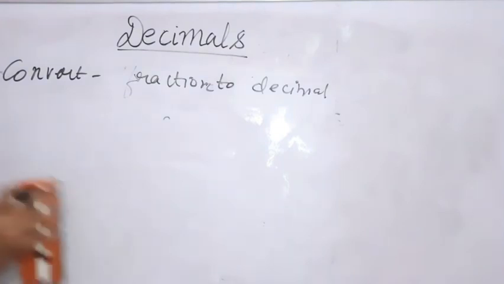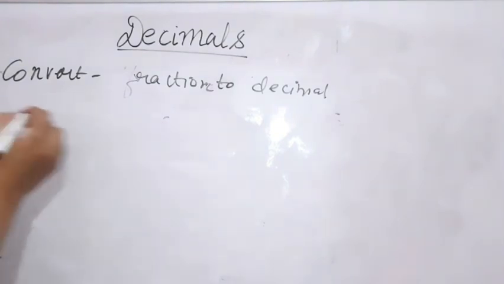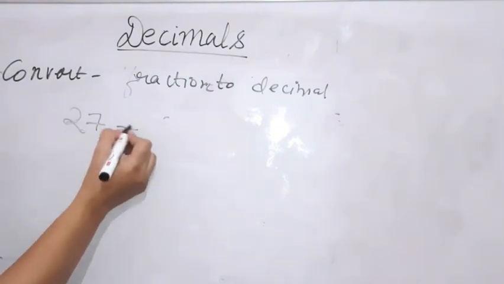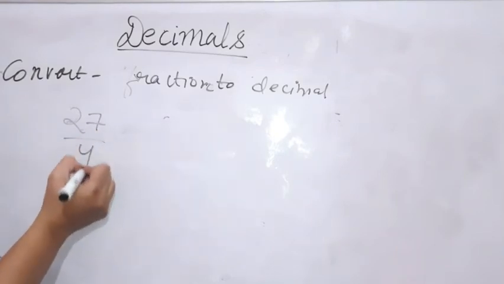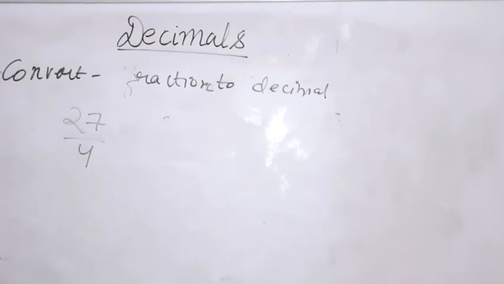For example, you are getting a number like 27 upon 4. Now you have to convert this into a decimal. How will you convert it? In the beginning I explained when the decimal point came into existence. It came when we were not getting 0 as the remainder, so we placed the decimal point in order to obtain 0 as the remainder.